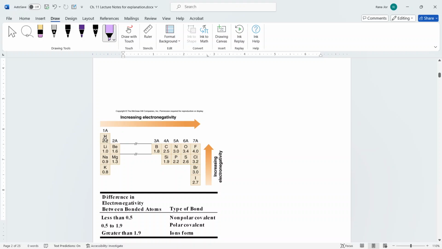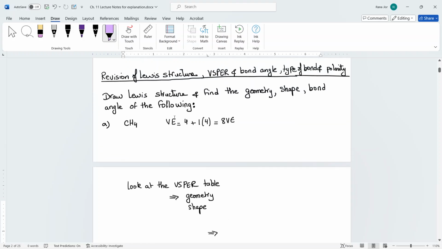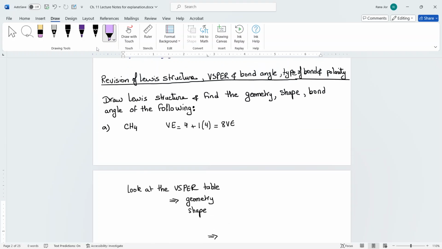So hydrogen can never be in the center. This means that carbon is going to be in the center. So you go ahead and put the carbon in the center. I'm going to draw the Lewis dot structure. We know that carbon has 4 electrons because right now what I am doing is distributing the 8 valence electrons. So carbon has 4, and then the hydrogens also have 4.